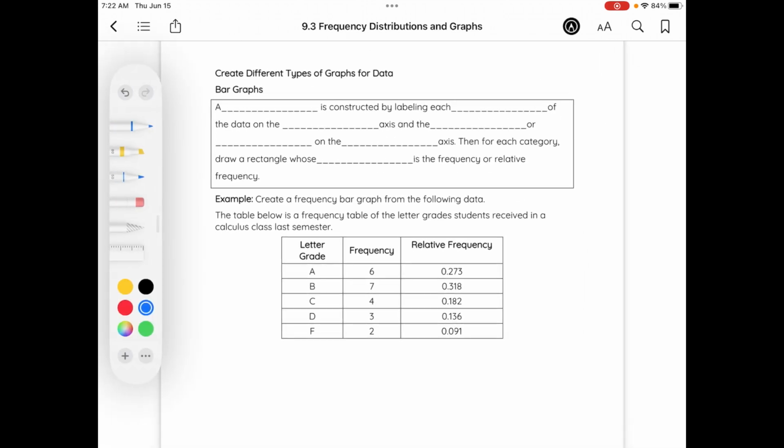Well, now that we know how to create a frequency table, let's create some different types of graphs that pair well with frequency tables. The first one is, of course, a bar graph.